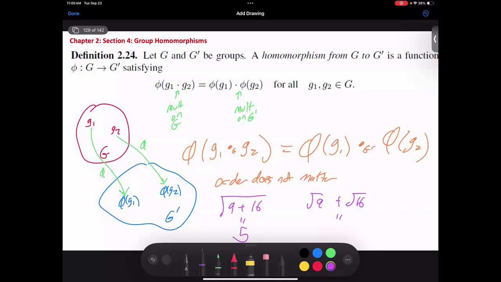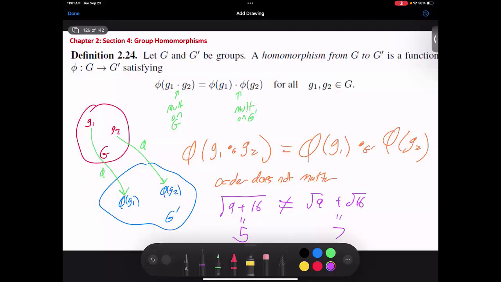Square root of 9 is 3. Square root of 16 is plus or minus 4. We'll do the positive square roots. So 3 plus 4 is 7. They're not equal. The square root of a sum is not the sum of the square roots.